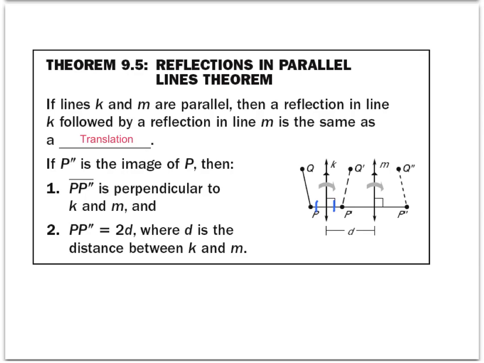And similarly, the distance from P prime to M should be the same as P double prime to M based on the properties of reflections. So what we can do is add them together. We have the distance here represented by the blue segment and the red segment, and the distance on the outside is also a blue segment and a red segment, so that's twice the distance.